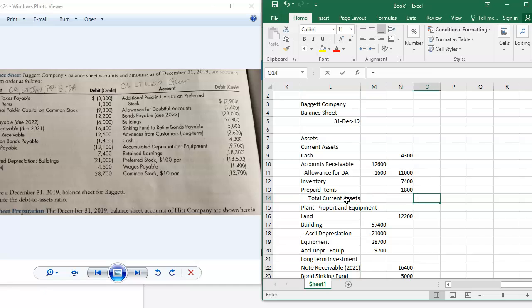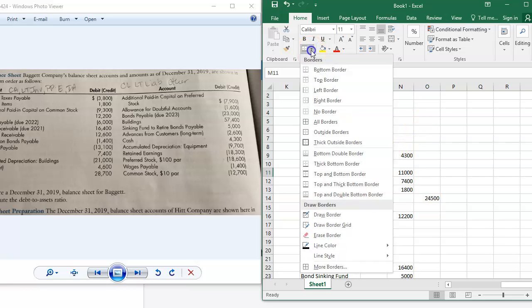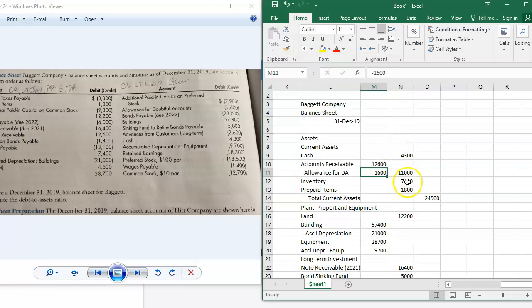I'm actually going to bring it out to the side. Line under this one, and a line under this one. All right, so that makes it clear that these two are being added to get to that, and then all these are being added to get to the total current assets.